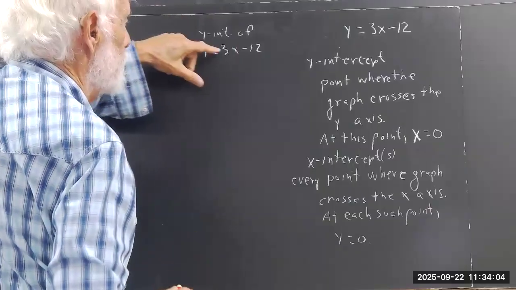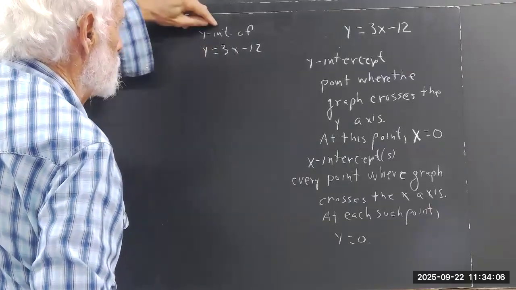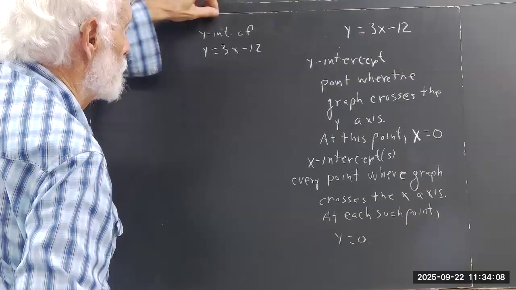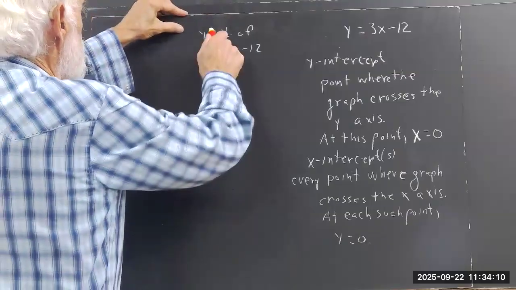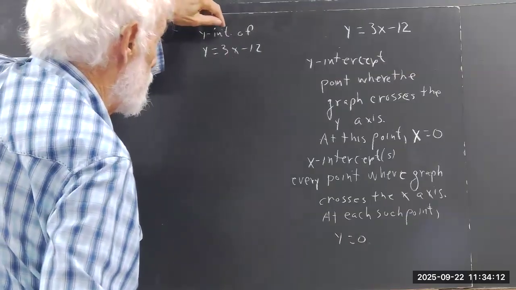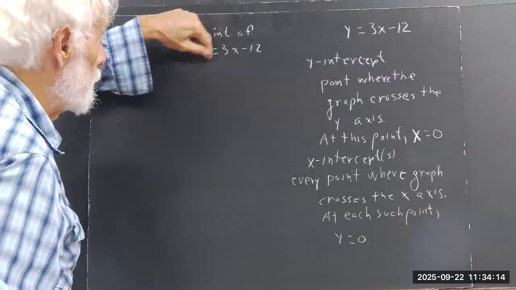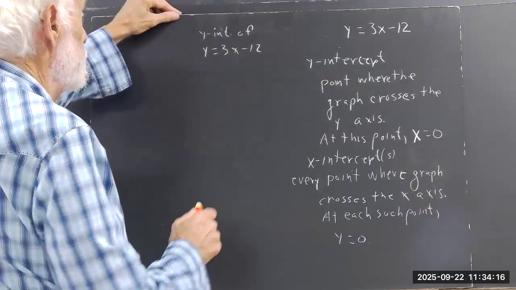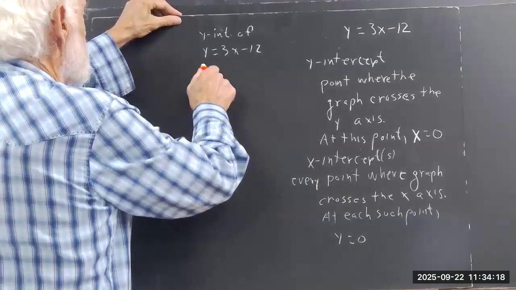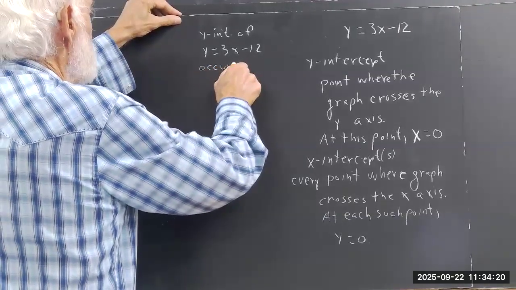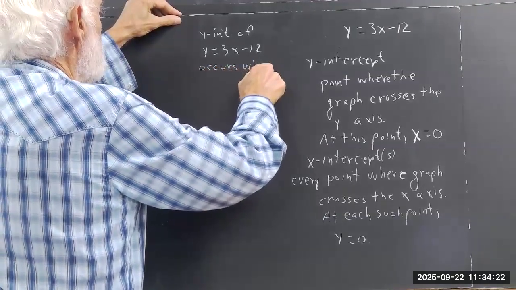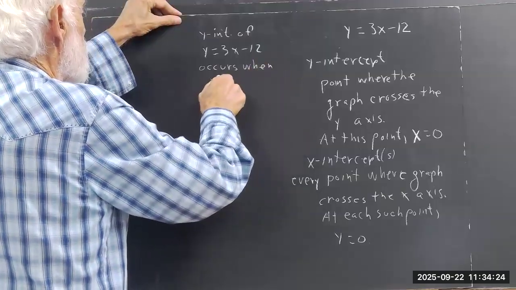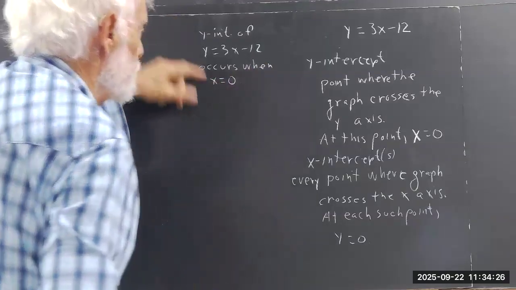So the y-intercept of y equals 3x minus 12 occurs when x equals 0.